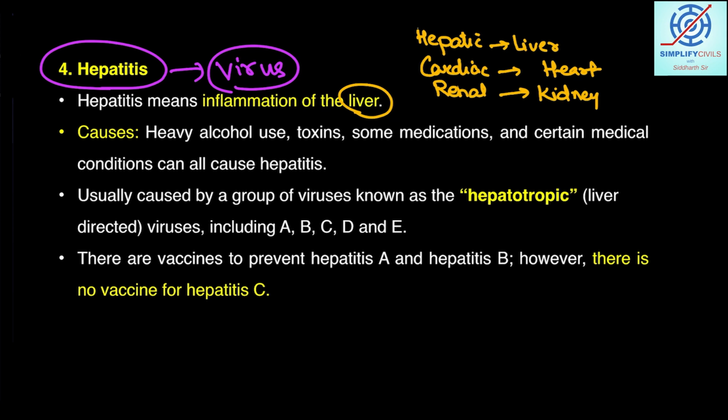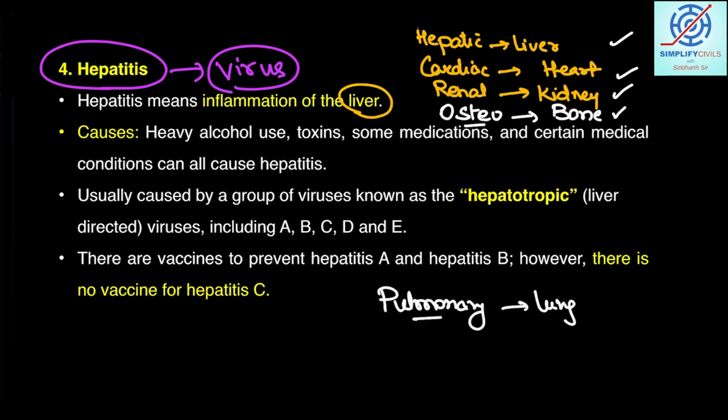If we talk about osteo, that means we are talking about bone. If we say pulmonary, that means we are talking about the lungs. Just like neuro, we are talking about the nervous system, where the brain is part of your body.